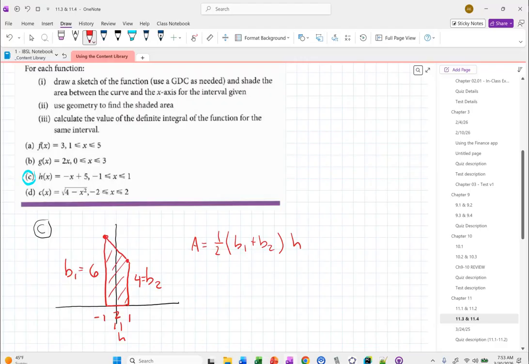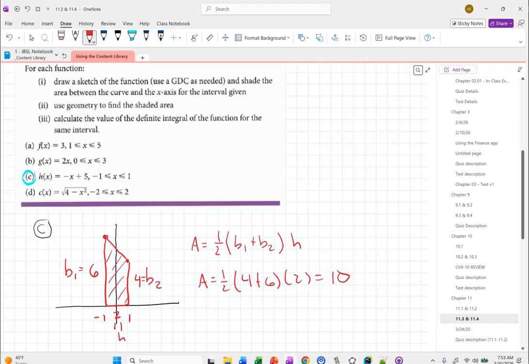So the bases are the two verticals, that's 6 and 4, and the height is the distance along the x-axis, that's going to be 2. So I get 10.